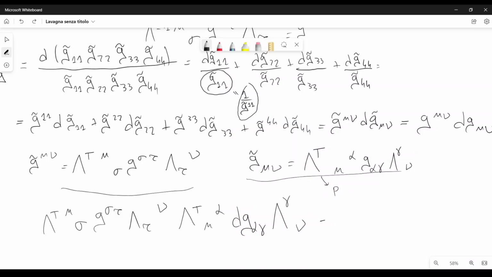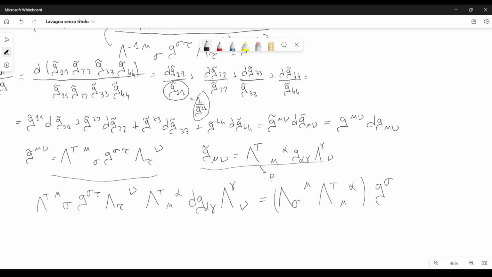Now I can rewrite this expression in this manner. I can put this term together with this term, and Λ transpose μσ here can be written as Λ_{σμ}. I just change the order of these two indices and I remove this transpose because it will be the matrix itself, Λ_{σμ}, and then I multiply by this, which is Λ transpose μα, and then I will have g_{στ} differential g_{αγ}, and in here I'm going to multiply this matrix by this matrix because here I can sum over ν.